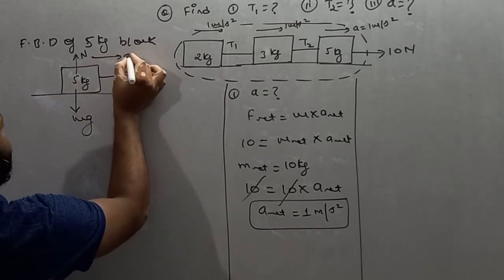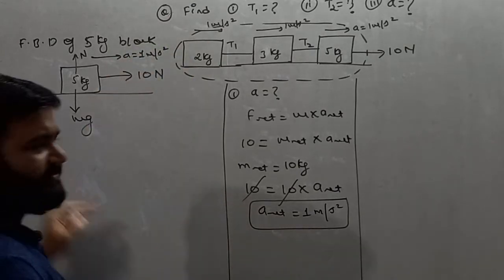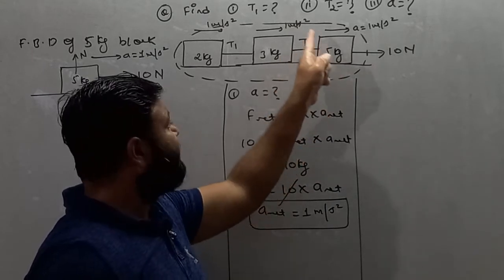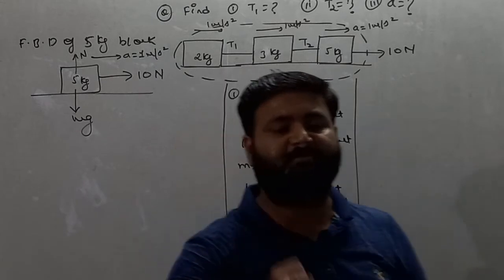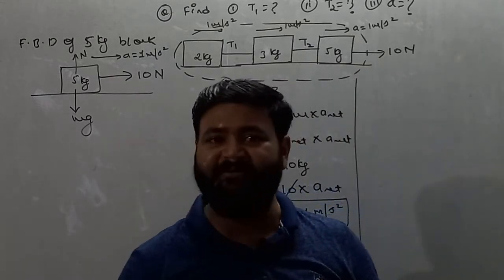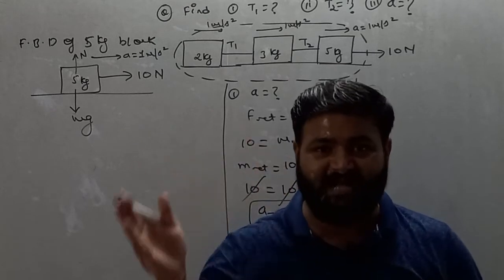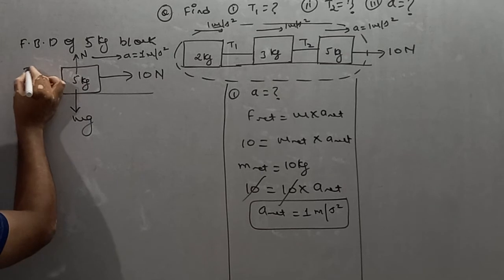Its acceleration is also in this direction, and it is 1 meter per second square. Now see, this 5 kg block is attached with a string in which T2 tension is there, and we know that tension is always a pulling force. So if tension is a pulling force, then it is always away from the body. So T2 can be made away from the body.